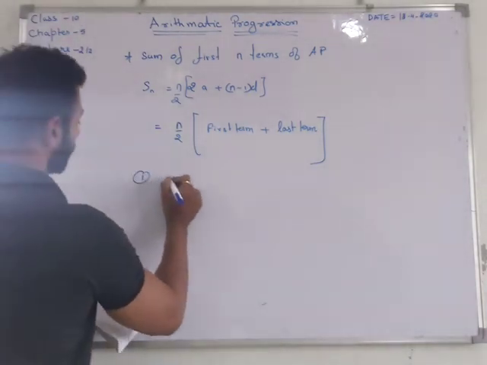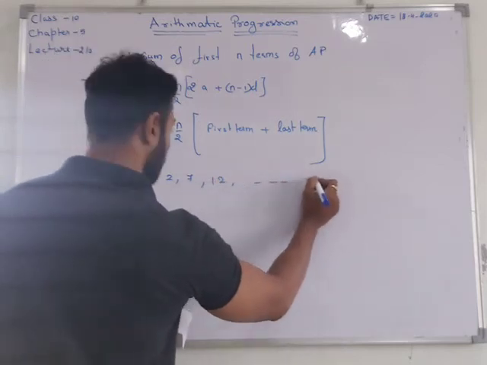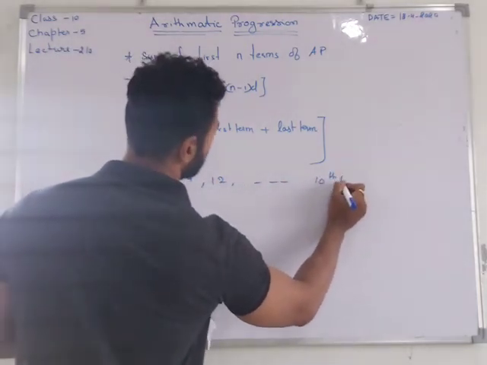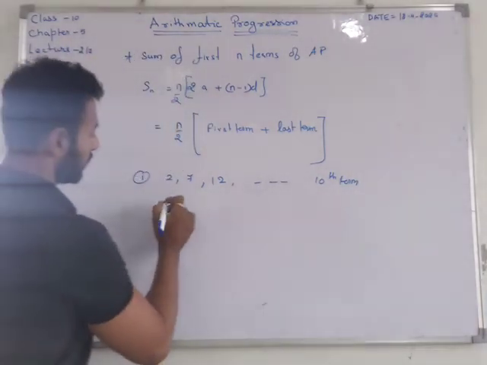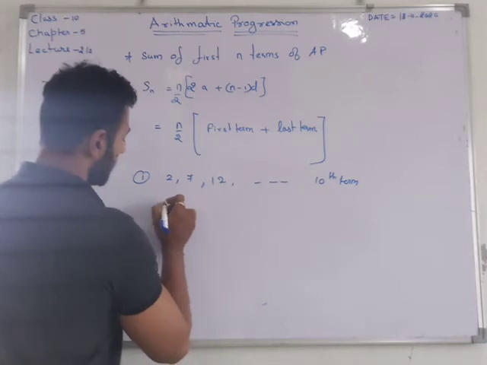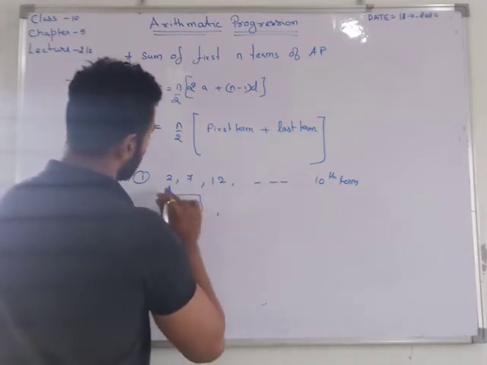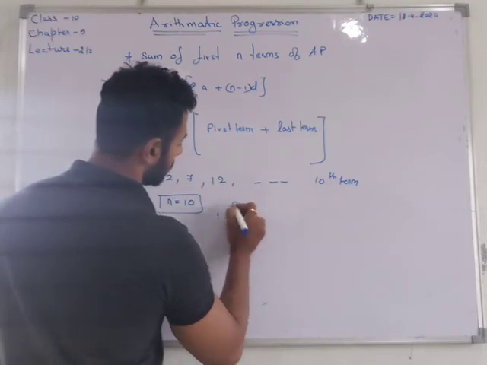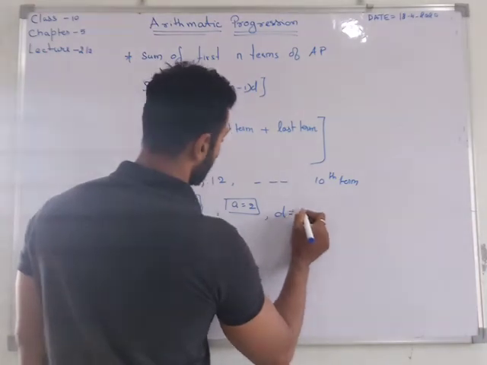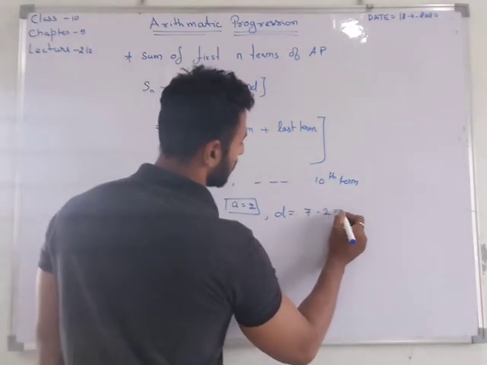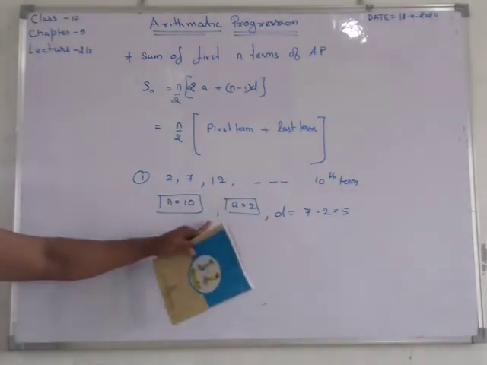The first AP is 2, 7, 12 till the 10th term. So the number of terms is 10, n is equal to 10. A is equal to 2, D is equal to 7 minus 2, which is 5. So we found the values of the unknowns.